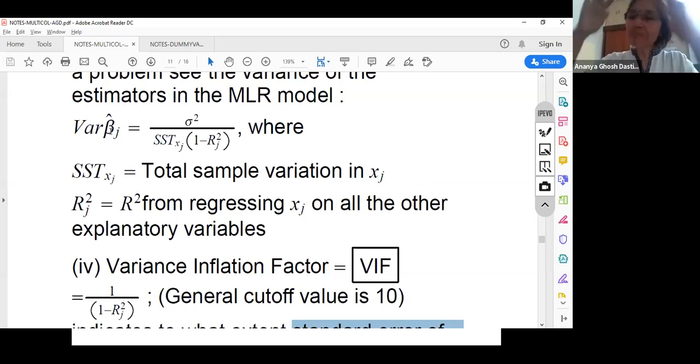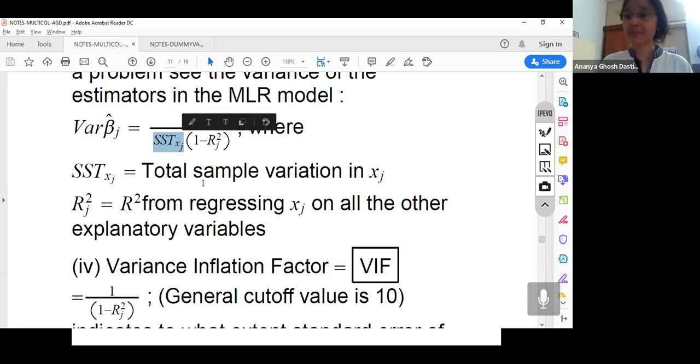How can I bring down the variance of my estimators? If this were a live session, I'd ask you, what can I do to bring down the variances? I think many of you would have the answer. I can increase the variation in my x, right? And that's exactly the route that economists have taken.